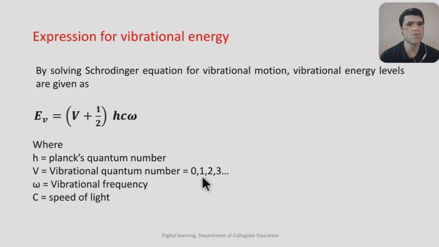It can have values 0, 1, 2, 3, and ω is the vibrational frequency, and c is the speed of light. So this is the energy of a vibrating diatomic molecule.